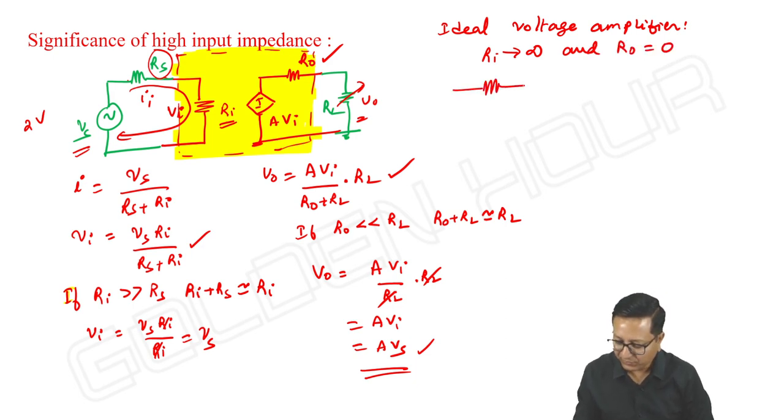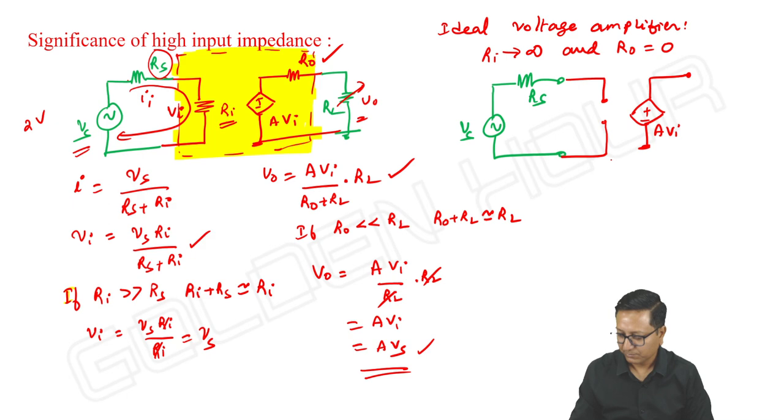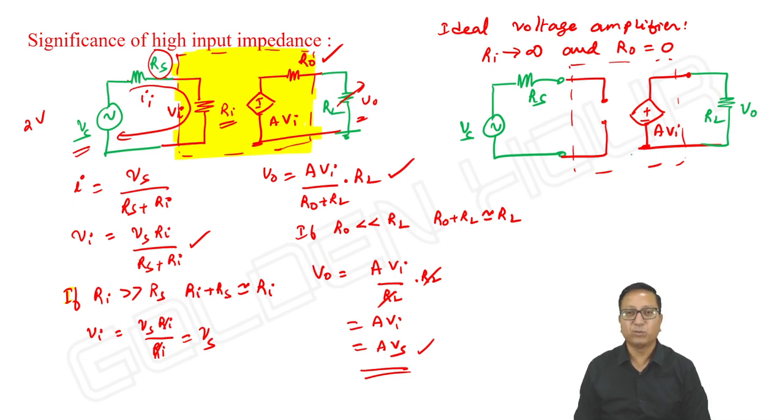If that is the case, this is the equivalent circuit of the ideal voltage amplifier.